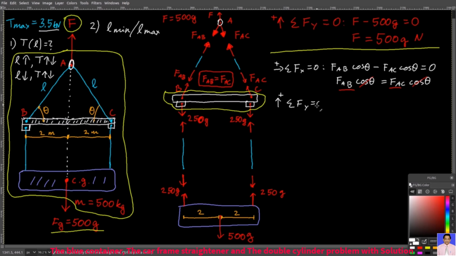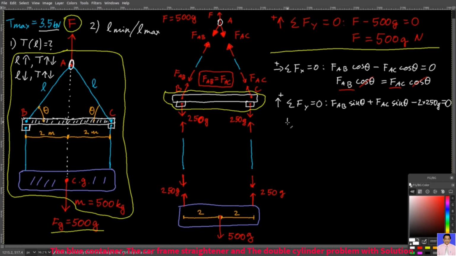And then if we apply this principle in the y direction, then we will have FAB times sine theta plus FAC times sine theta minus 2 times 250 G, because you have two forces that are 250 G here, and that will give you 0.